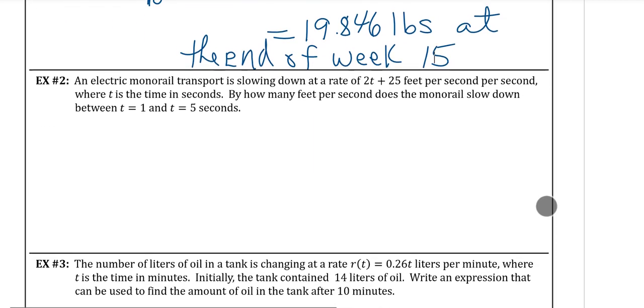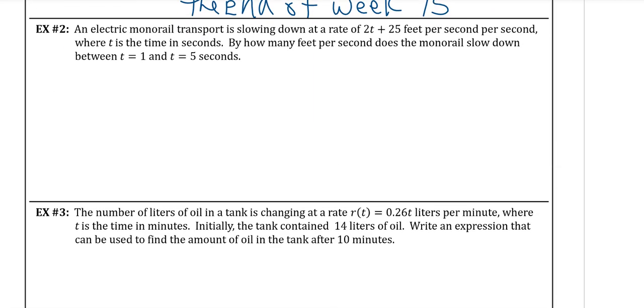Okay. Next example. An electric monorail transport is slowing down at a rate of 2t plus 25 feet per second per second. So you want to make note of the fact that that is the acceleration, where t is the time in seconds. By how many feet per second does the monorail slow down between t equals 1 and t equals 5?